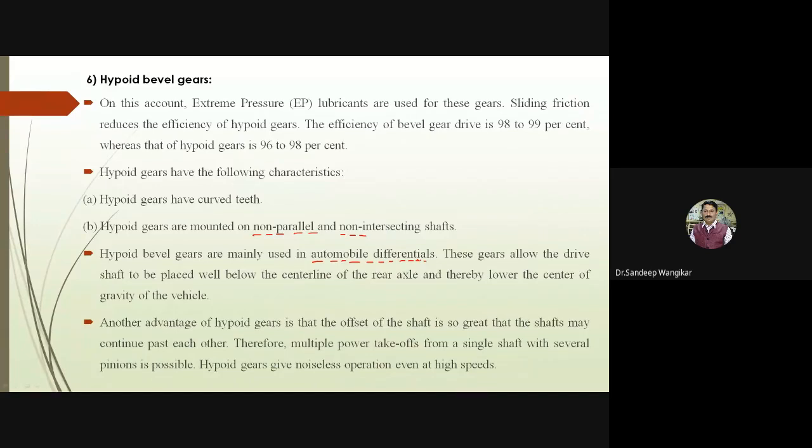Due to these curved teeth and the spiral gear characteristics, we can say that this is noiseless in operation even when operating at higher speed. So these are the characteristics: at higher speed also they can be used, and again the operation is noiseless. No noise is generated in such operation.